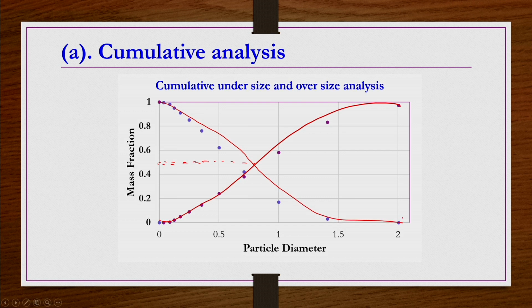If you do proper curve fitting, you get this. So this is the cumulative undersize analysis, and this is the cumulative oversize analysis with respect to the particle diameter dpi. This is not dpi bar, this should be dpi. Okay, so this is the first part of the question.